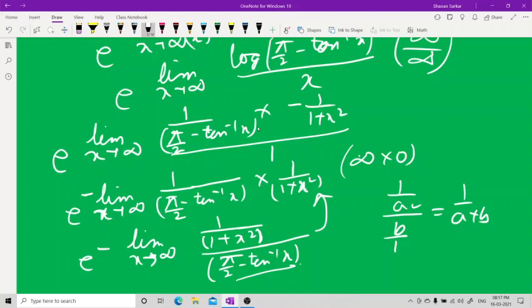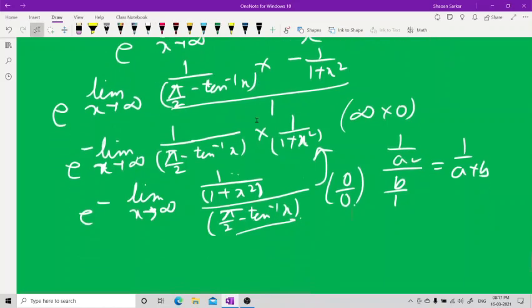Now put infinity in this format. This is 0, and this is 1 upon infinity, which is 0. This is now 0 by 0 form. Now this has converted to 0 by 0 form. Because of this concept, this is your a, this is your b.